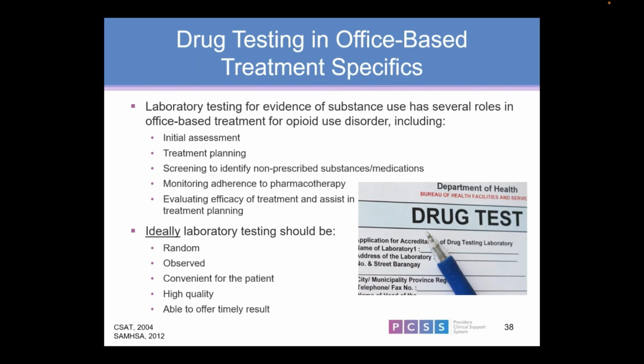So laboratory testing, you're doing this. You need to establish with patients in the initial assessment that you're going to be doing this, that it's part of the treatment plan, that you're screening for non-prescribed substances, you're monitoring adherence to what you are giving them. So we get buprenorphine levels and norbuprenorphine levels, and evaluate then the efficacy of the treatment that you're providing.